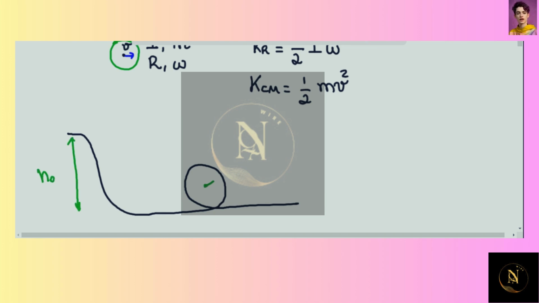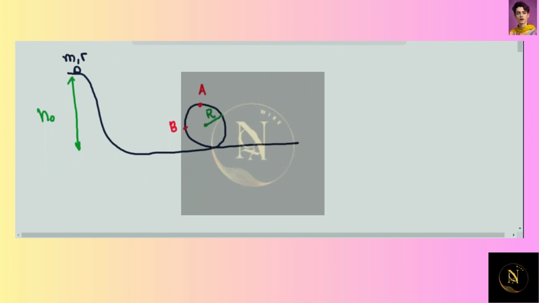The radius of the loop here is r, and these points are called A and B. And we have a small hollow sphere that has a mass m and a radius r, and it starts to roll down from rest, and it rolls without slipping downhill, and we want the sphere to complete the loop.